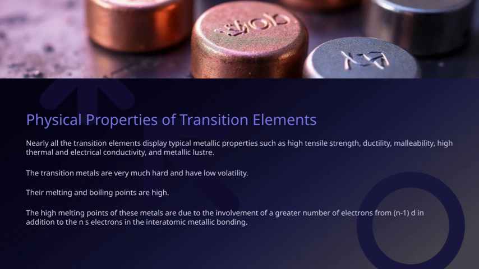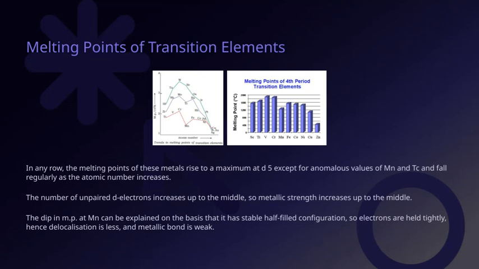And of course, they have a metallic luster, giving them that shiny, reflective appearance we associate with metals. In summary, these physical properties highlight the strength, stability, and utility of transition metals, connecting back to their unique electronic structure and bonding characteristics. Let's take a closer look at the melting points of transition metals.